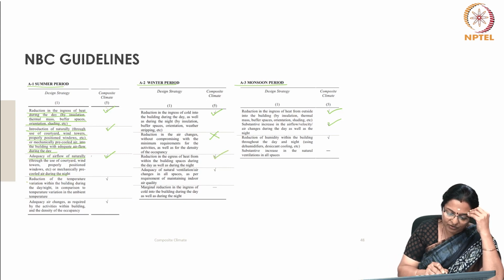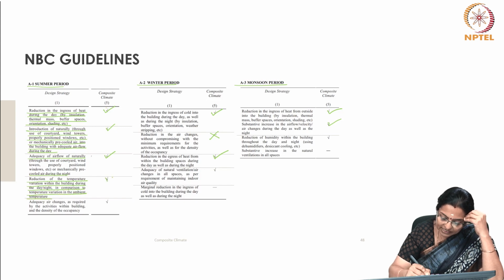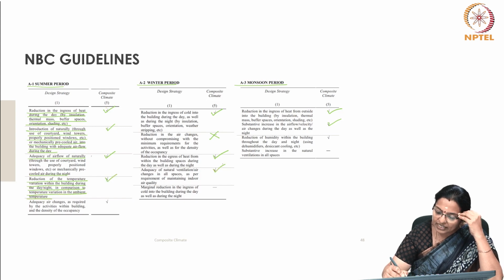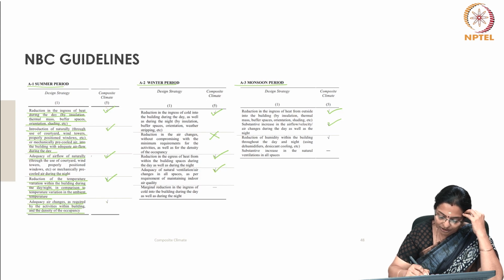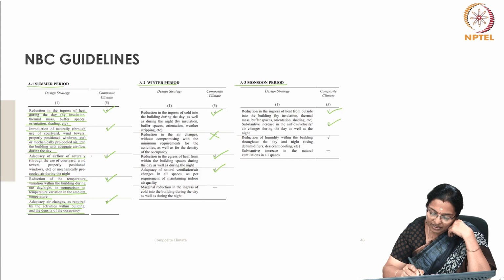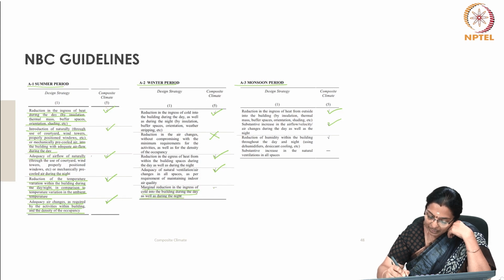Reduction of the temperature variation within the building during day and night as compared to temperature variation of ambient temperature is needed in summer as well as winter period. Adequate air changes are required by the activities within the building and the density of the occupancy for summer period. Marginal reduction in the ingress of cold into the building during the day as well as night is needed.